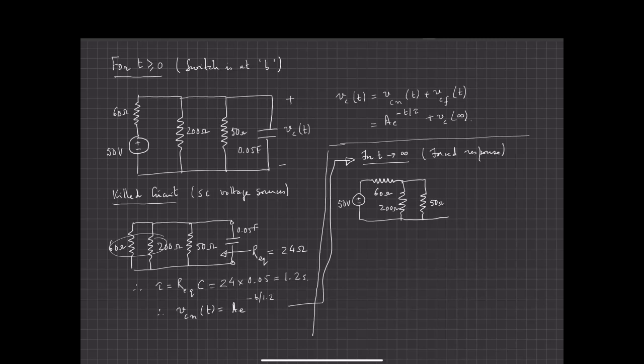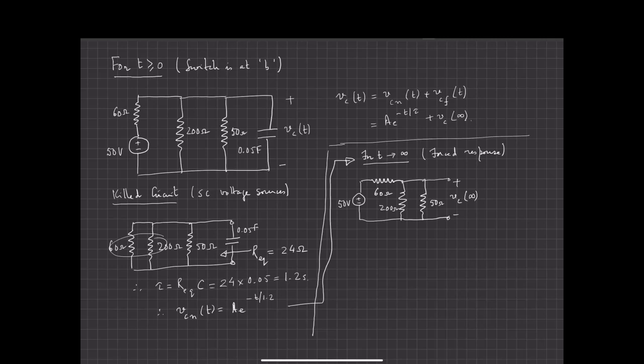The transient response is long gone. Transient responses die down within 4 to 5 tau, as we've learned in the past. And consequently, for t tending towards infinity, this is a DC circuit. But if you have a DC voltage source, then the capacitor is an open circuit. So then this becomes plus minus Vc at infinity.